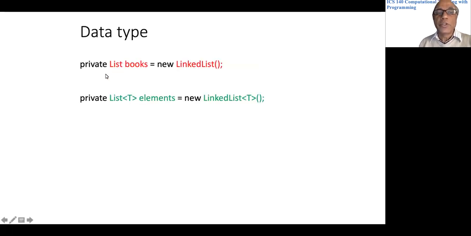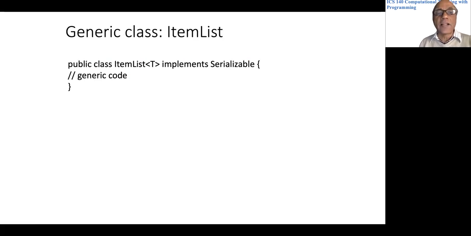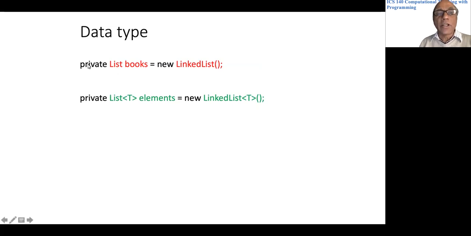And what do we store? In this class item list, what field are we going to have to store items of type T? In catalog, we had stuff like this: private list, books equals new linked list. I have indicated in red things that are not quite right. First of all, we have the field name books. That is not quite appropriate. We might want to change it to elements or items or some such more general name. List is java.util.list, that interface.